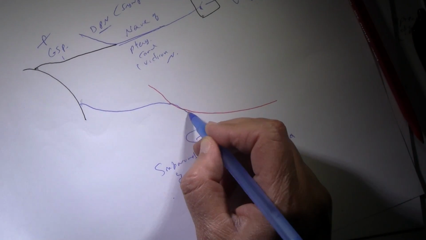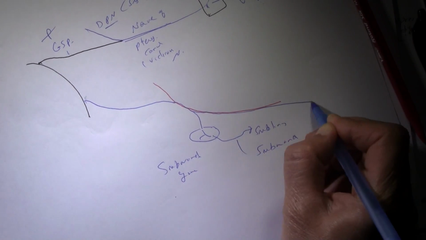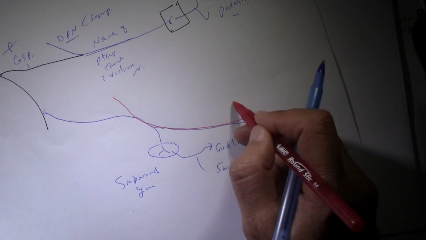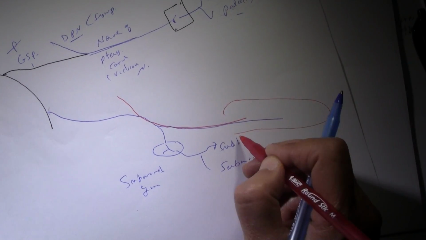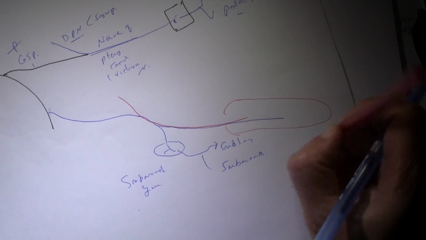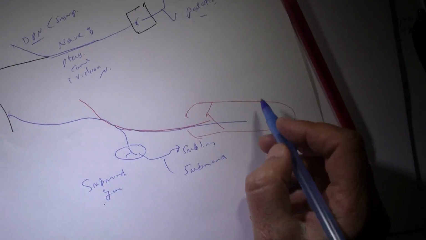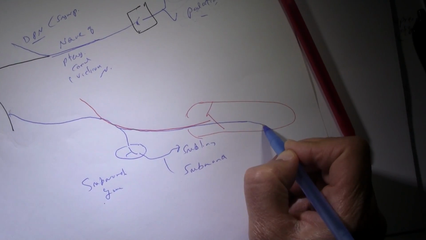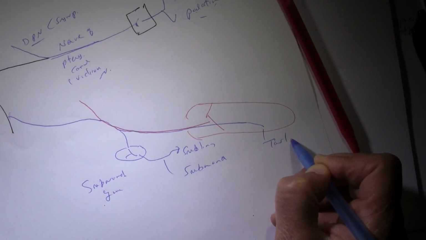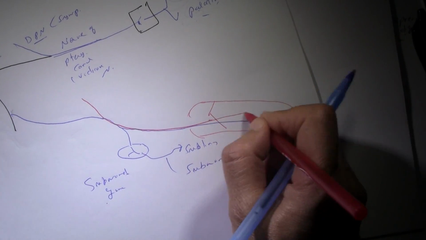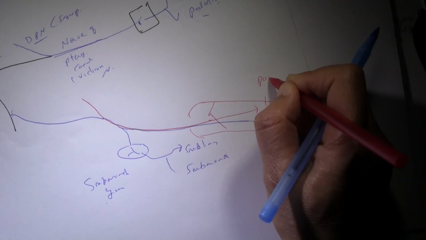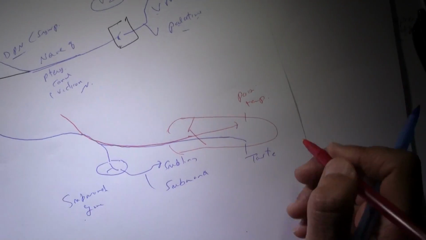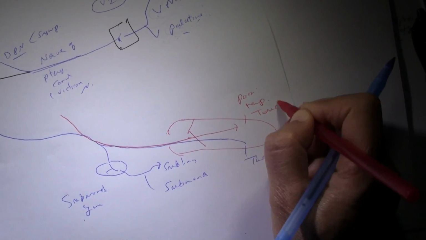However, some fibers continue to the anterior part of the tongue, as we discussed in another lecture. Here is the anterior 2/3 of the tongue. Chorda tympani is responsible for taste, and the lingual is responsible for general sensation: pain, temperature, and touch. So this is the lingual.